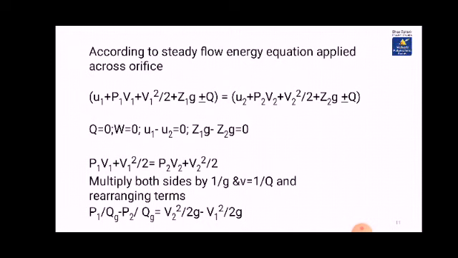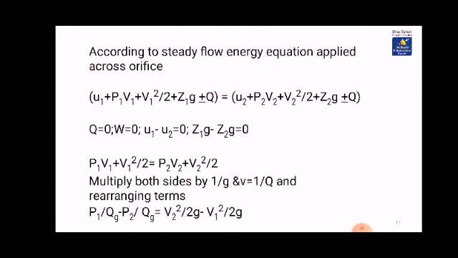According to the steady flow energy equation applied across the orifice, here we have: U1, that is internal energy at the inlet, plus P1V1 plus V1 square upon 2 plus Z1G plus or minus Q is equal to U2 plus P2V2 plus V2 square upon 2 plus Z2G plus or minus Q. Here in this case Q is equal to 0, work output is equal to 0, U1 minus U2, that is change in internal energy, is 0, Z1G minus Z2G is equal to 0.